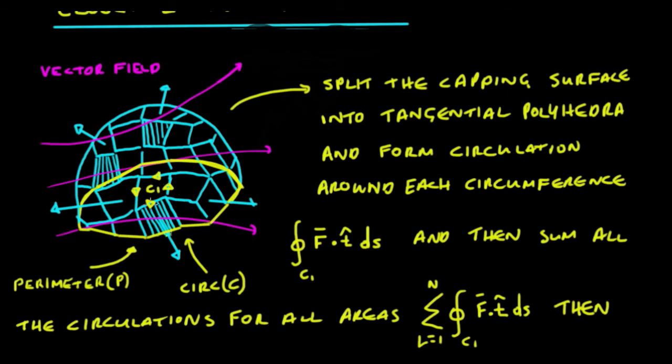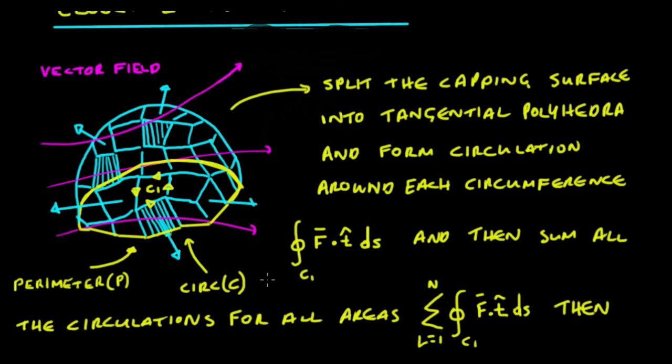But we're not just going to look at the circulation around one, we're going to look at the circulation around the next adjacent one and the one after that, and we're going to add up the circulation around all of these, and we're going to make sure we use the right hand rule for all of them.